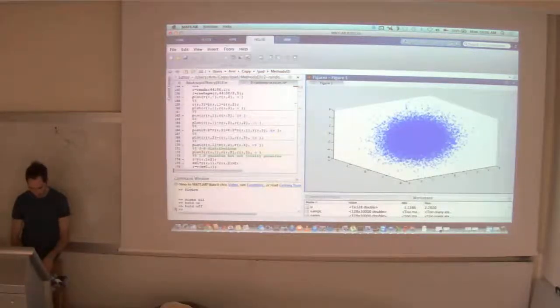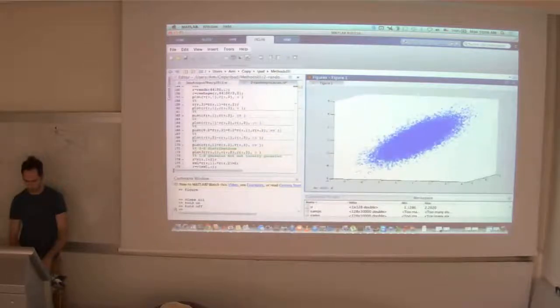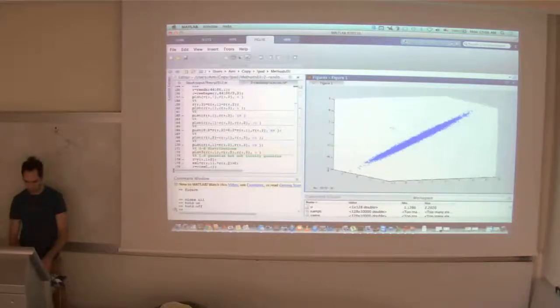But the nice thing with plot3, which plots the data on three-dimensional axes, is that we can rotate it. So from that point of view, the data seems totally random with Gaussian distribution. And if we rotate it, we can find the nice correlation that we saw earlier. Okay?